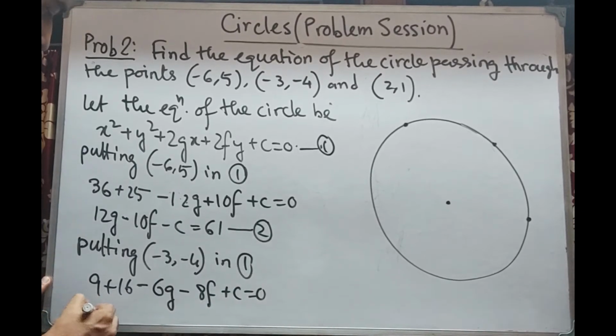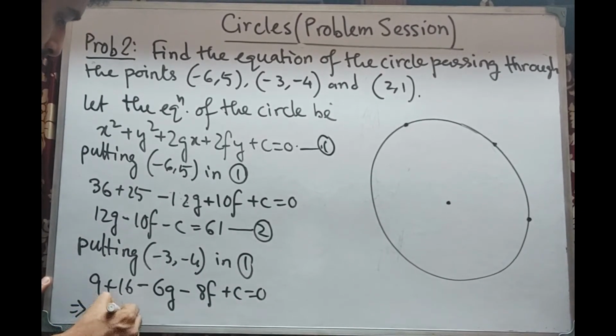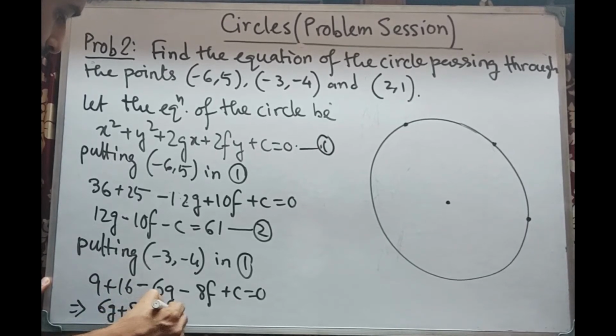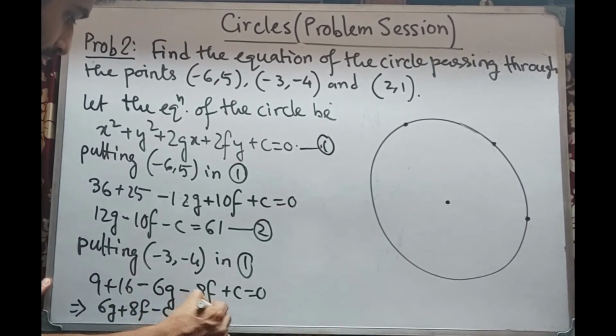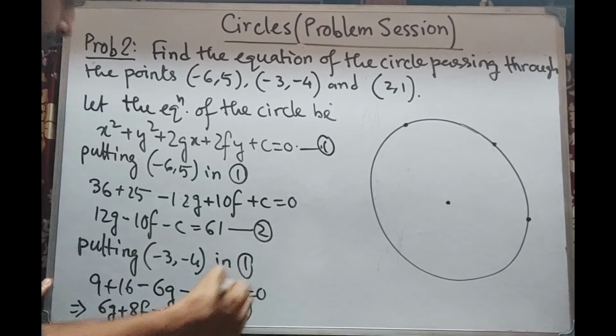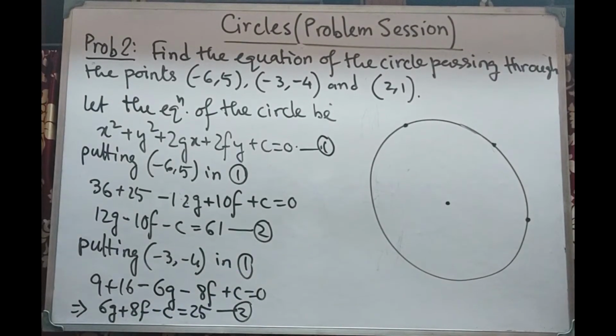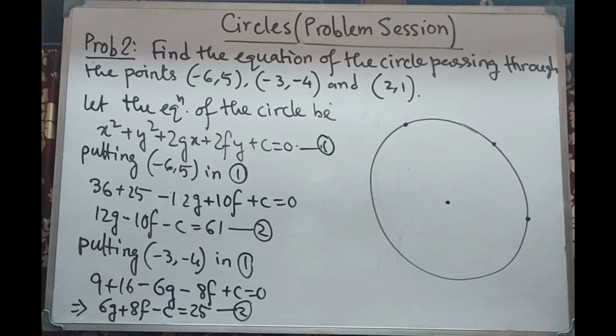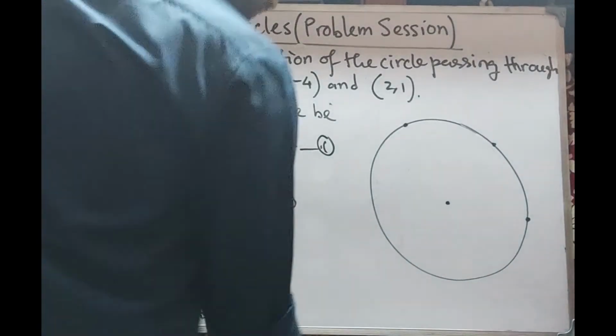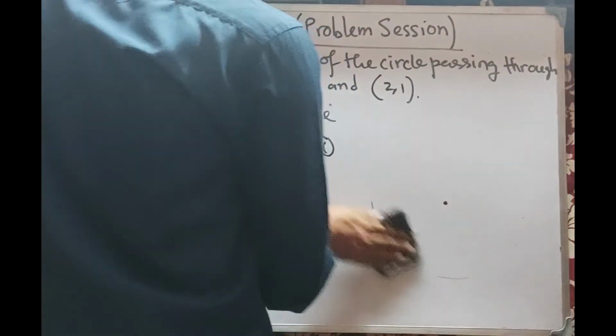That means you are basically having 6g plus 8f minus c is equals to 25. This is our 3. And since the picture is not required here, we can do the rest of the calculations here.